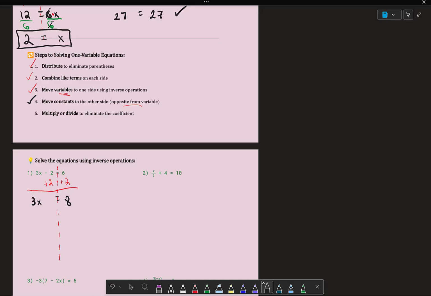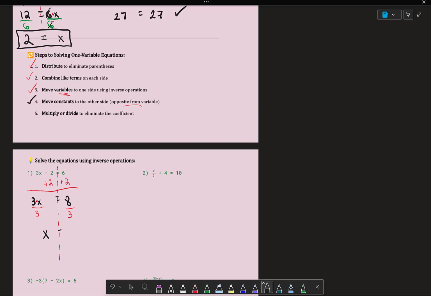So that's step 4. And then finally, step 5, multiply or divide to eliminate the coefficient in front of the x term. So remember, this is 3 multiplied by x. So the inverse operation is we're going to divide both sides by 3. 3 divided by 3 is just 1. So that's 1x. We do not need to write the 1.